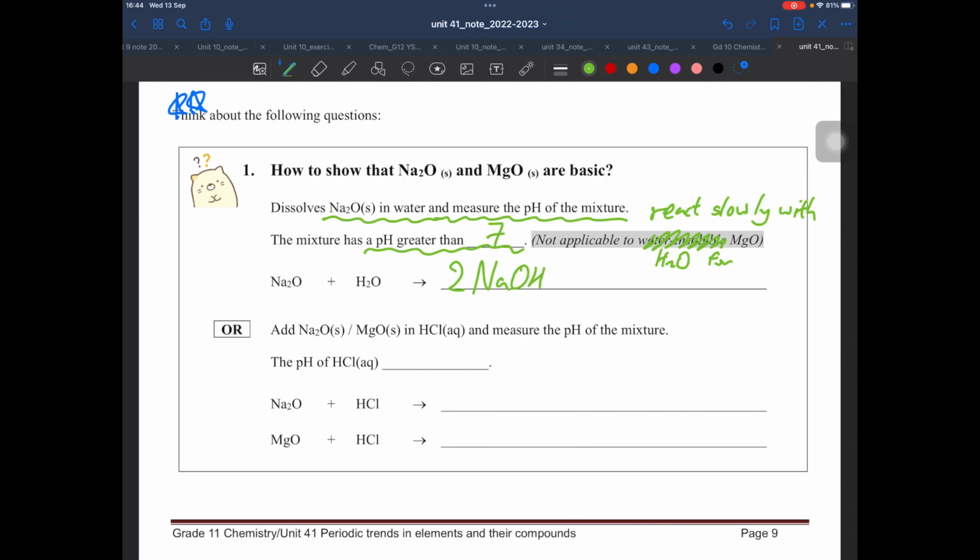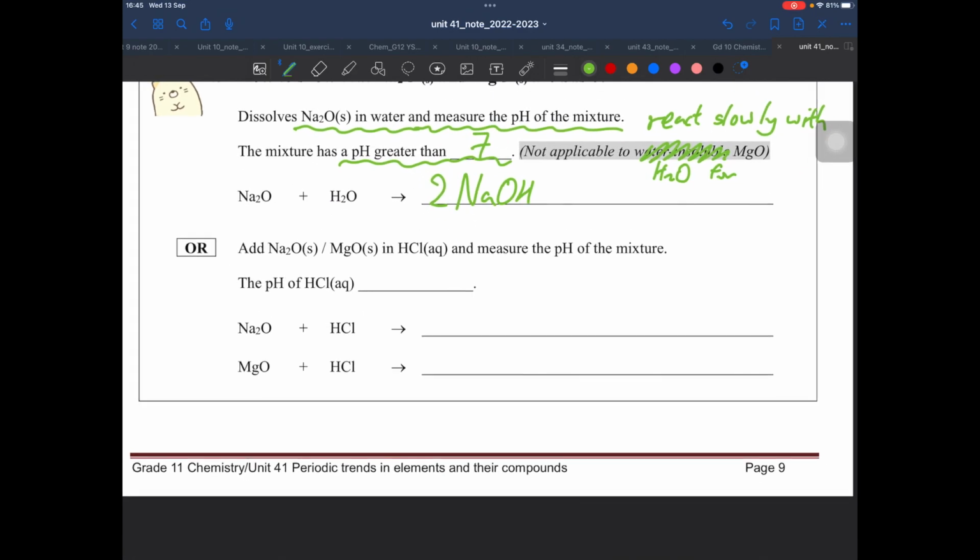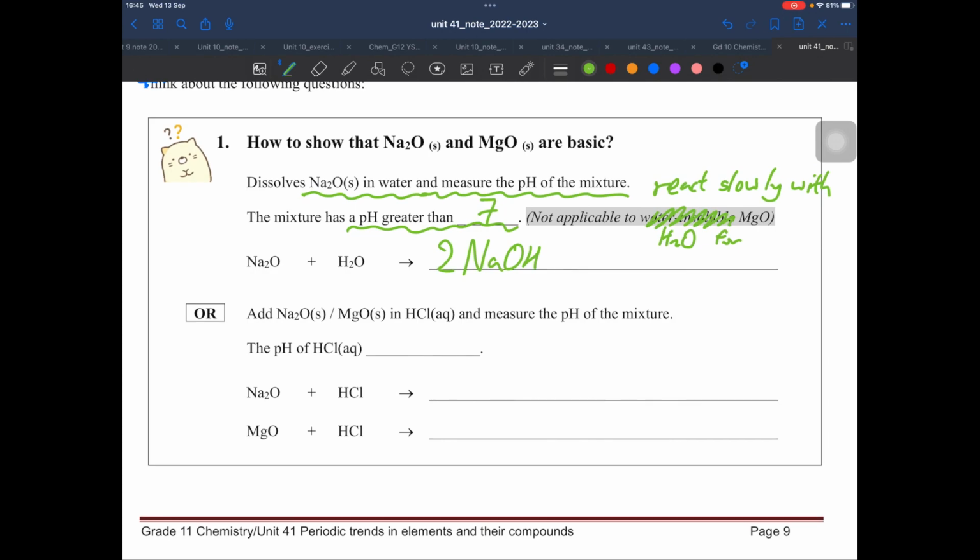So if something reacts with water to form hydroxide very slowly, it is hard for us to make the comparison. The hydroxide ion seems not to be much, then how can you prove that it is basic or not? So the first statement is not a good answer. I would recommend the second one.